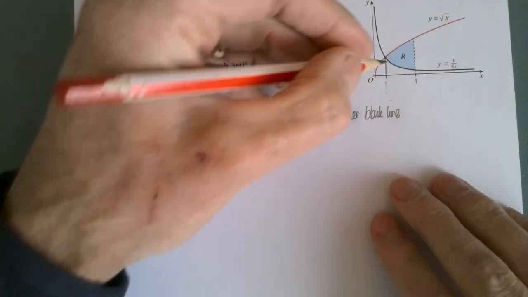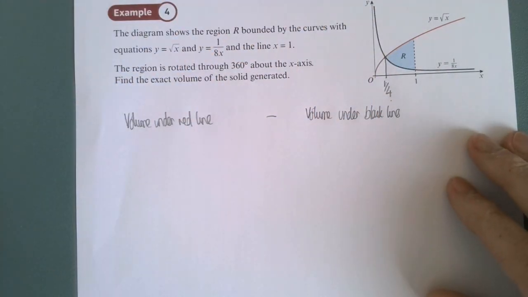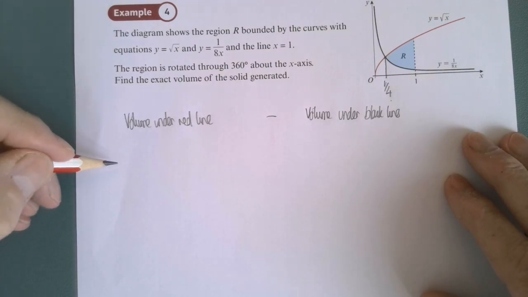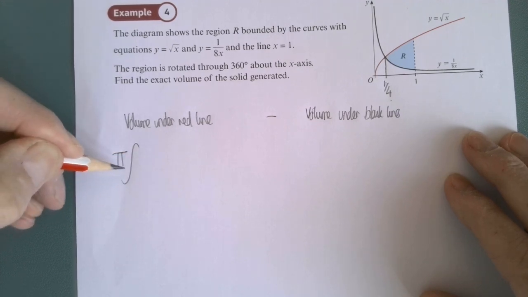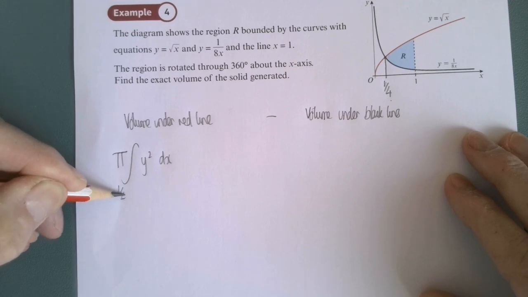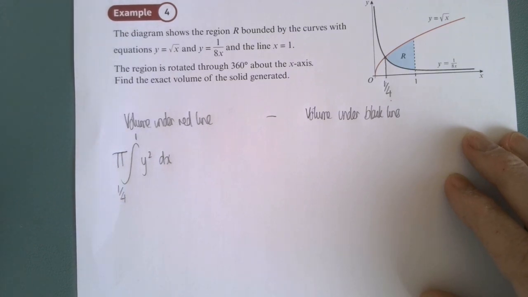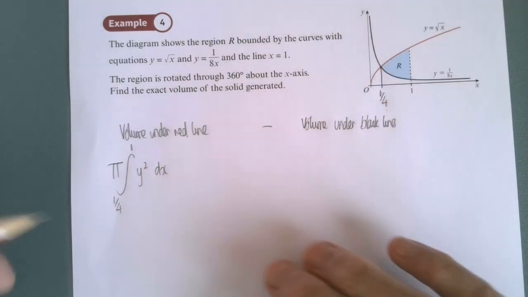We've worked out that this point is 1/4. So we need to find the volume under the red line. So that is the volume. That's pi y squared between 1/4 and 1, and y squared is going to be just x, isn't it?